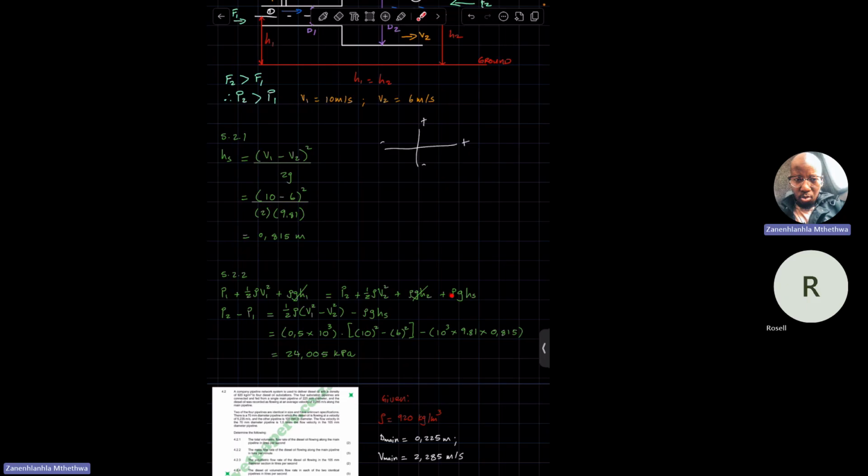So I made P2 minus P1 the subject of the formula. I took P1 to this side and it became negative, and then took this and this to that side, and they became negative.